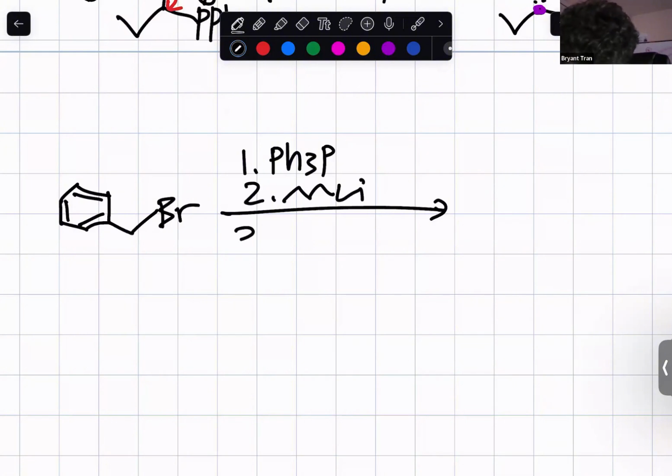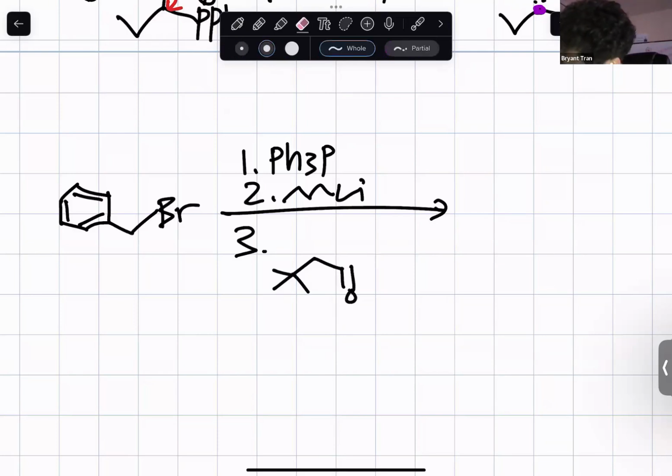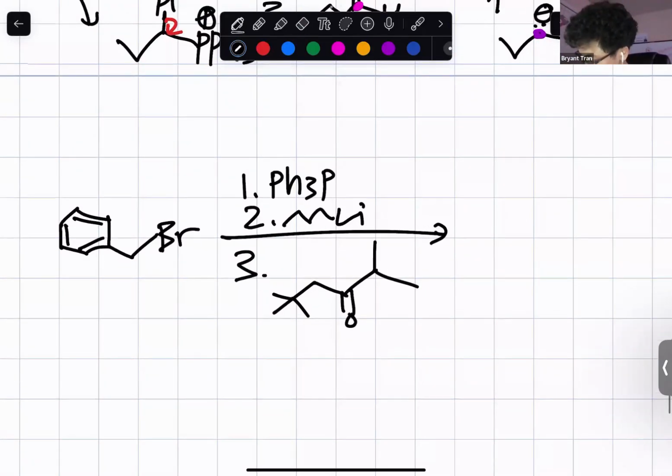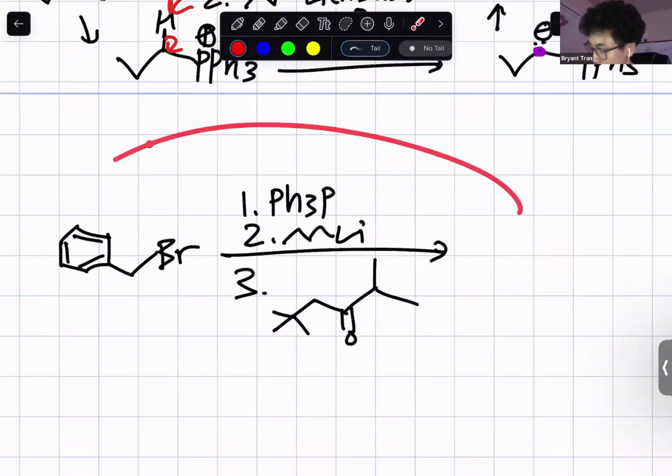Third step, we get this carbonyl there, right? PH3 and lithium. Okay, yes. Try this one out, Layla, and send me your answer once you get it, and I'll let you know through text if you got it correctly.